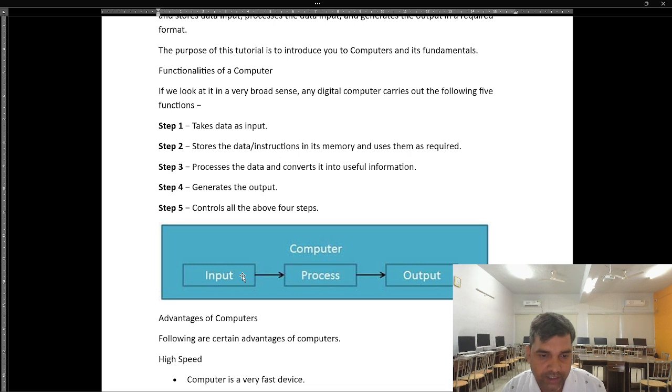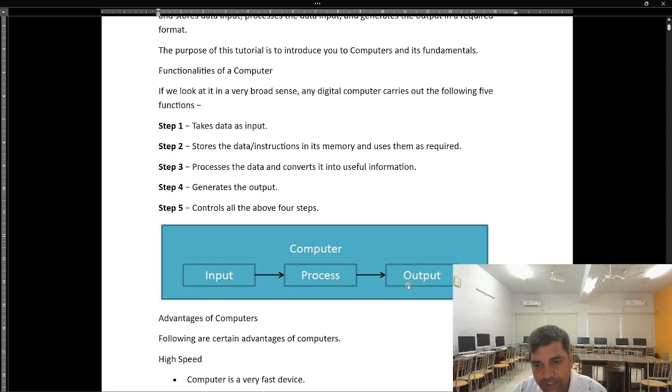Keyboard, mouse, and scanner are input units. Through these input units, we give commands to the computer. The computer takes the command, performs the action, and generates the result, and that result is called the output. This output is given to the output unit by the processor, meaning the CPU.